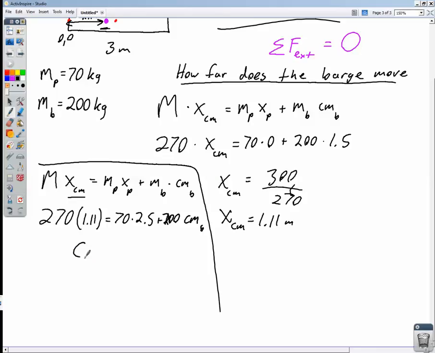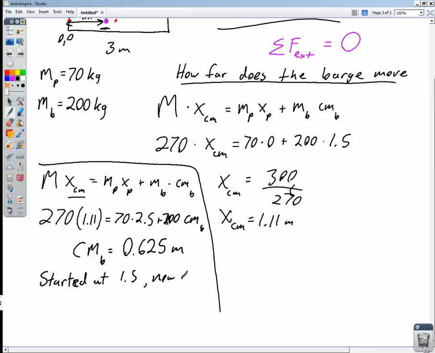So we do our algebra, and we find that the center of mass of the barge is now at 0.625 meters to the right of the origin. And remember, it started at 1.5 before the person walked. So it started at 1.5.